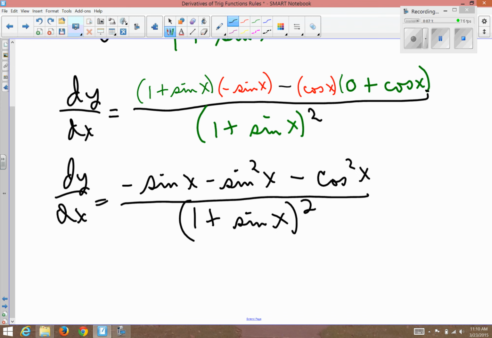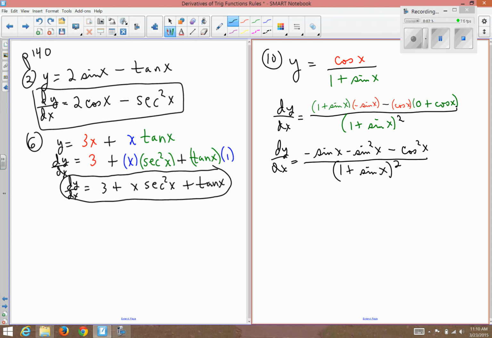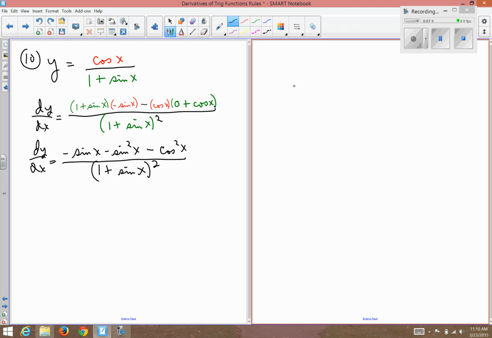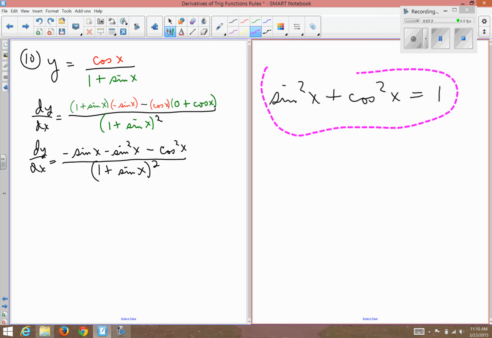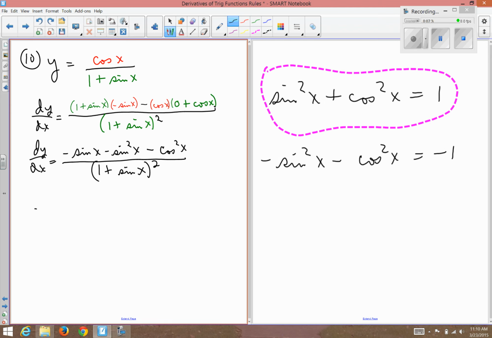Well, there's a trig identity that everybody knows, that sine squared x plus cos squared x is 1. Everyone knows this. So therefore, negative sine squared x, negative cos squared x must be negative 1. So back over here, exercise 10.